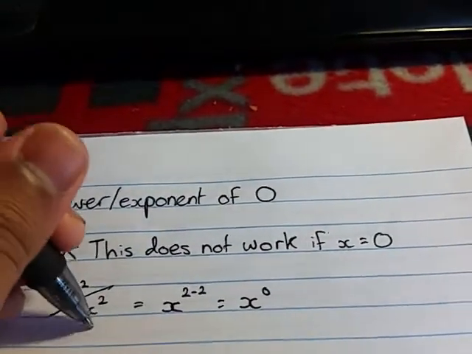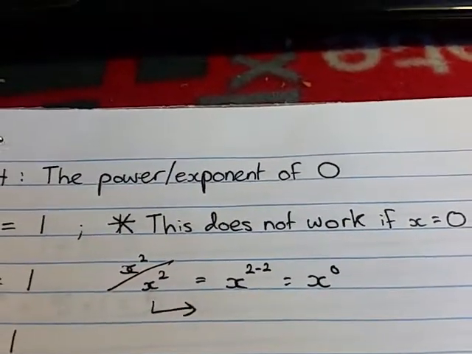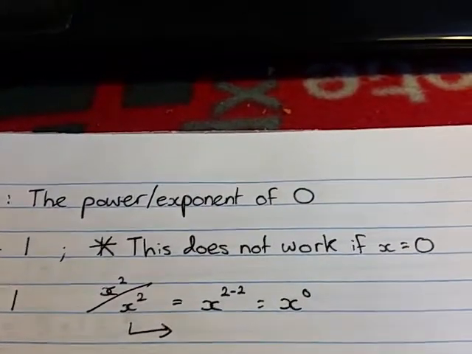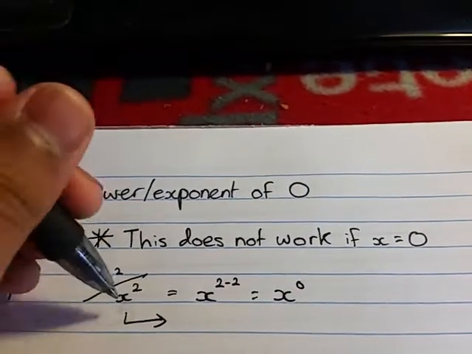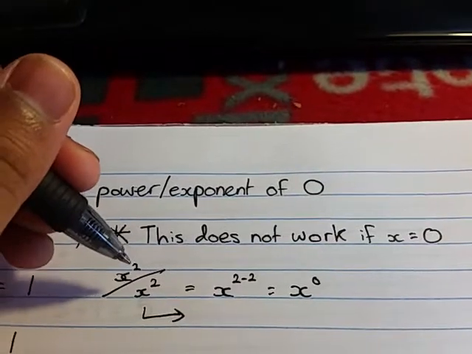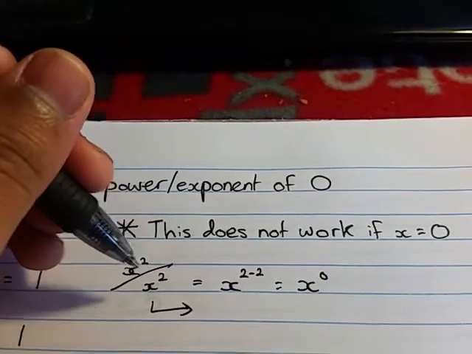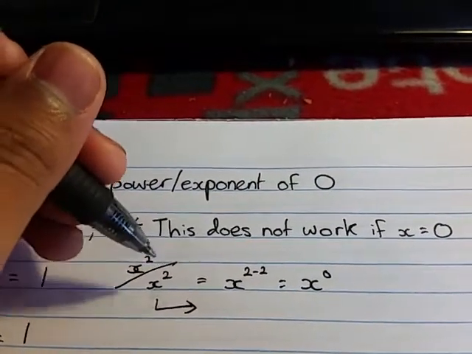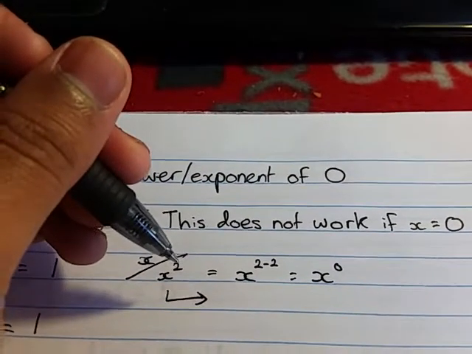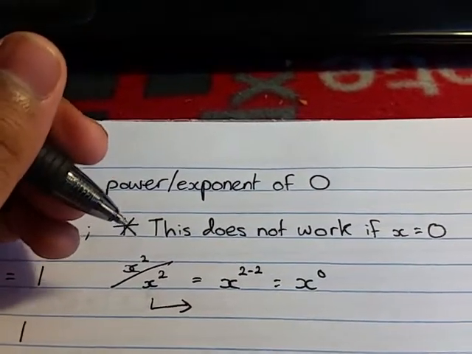However, what you also know from your knowledge of mathematics, if you have anything dividing by itself, so that same x to the 2 divided by that same x to the 2, the answer is always 1.